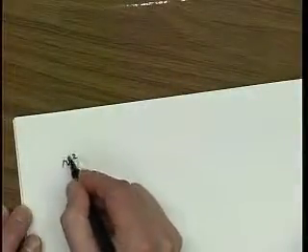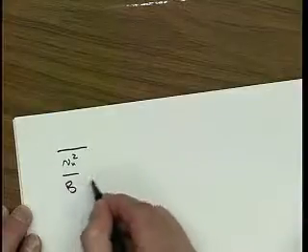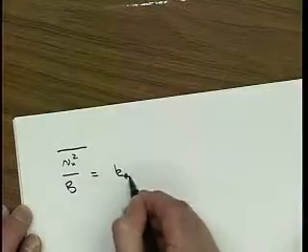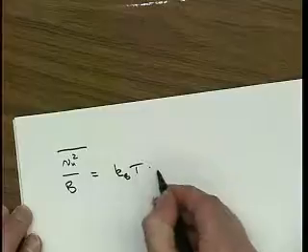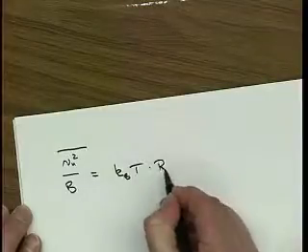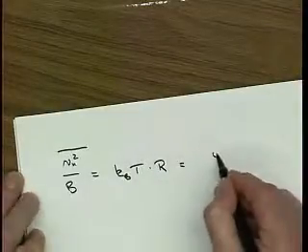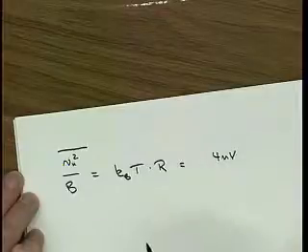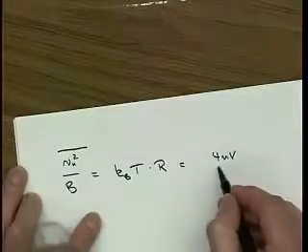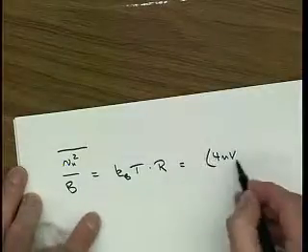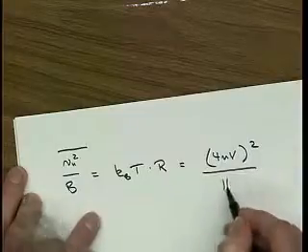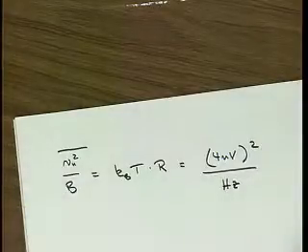The last number is just Vn squared over B. That's equal to 4kBT times R, and that is equal to 4 nanovolts squared per hertz. Okay, that's the result.